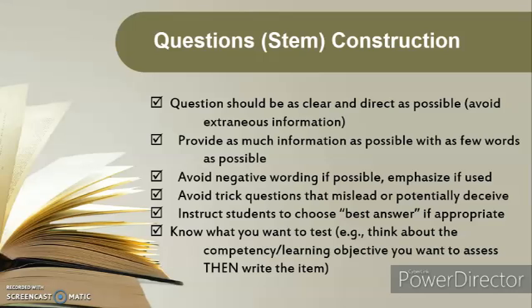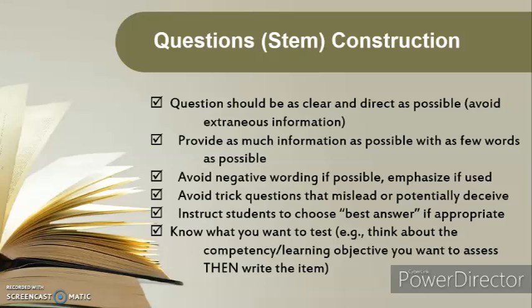And next, avoid negative wording if possible, emphasize if used, and also avoid trick questions that mislead or potentially deceive. And next, instruct the students to choose the best answer if appropriate. And next, know what you want to test.